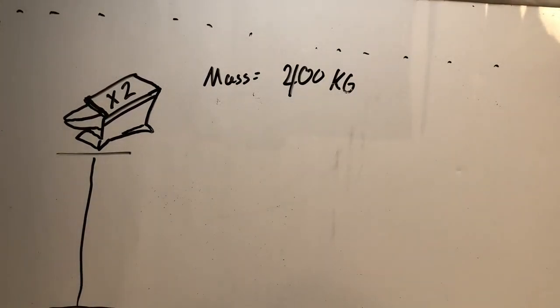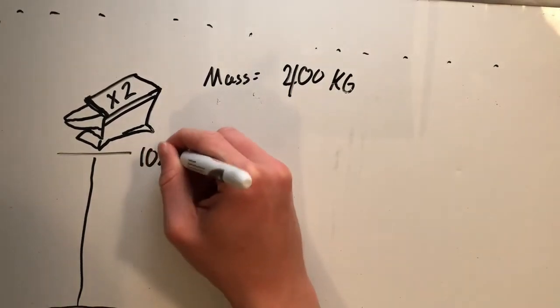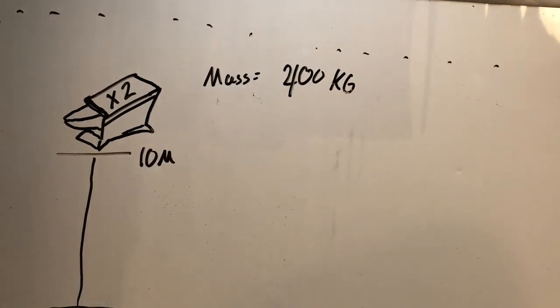The same is true when it comes to the object's mass. Let's say we strap another 200 kilogram anvil to the original one and place it on top of the 10-meter trapdoor. Before, with a single anvil, the gravitational potential energy was 19,600 joules. What will change with a mass of 400 kilograms?